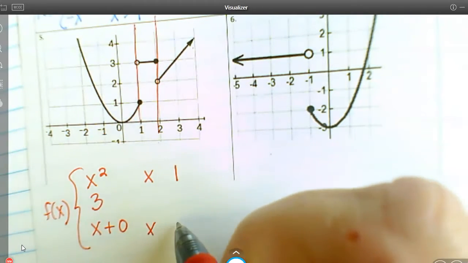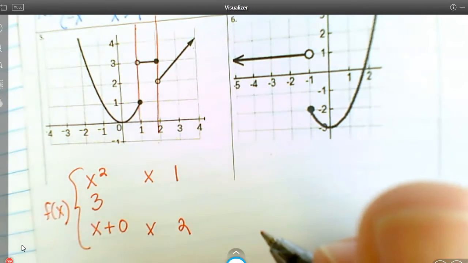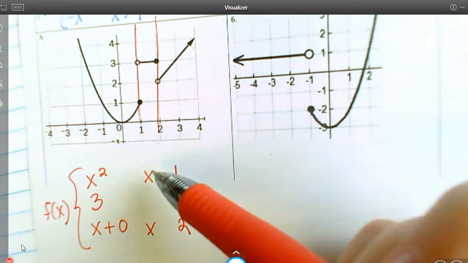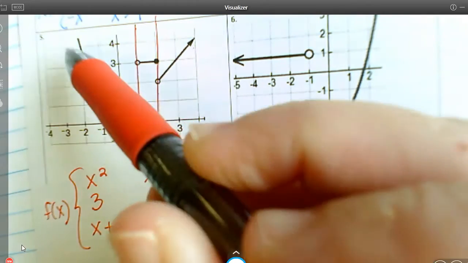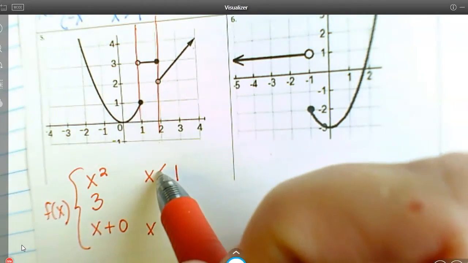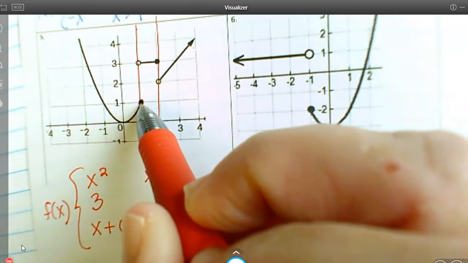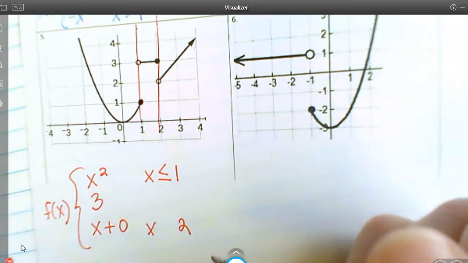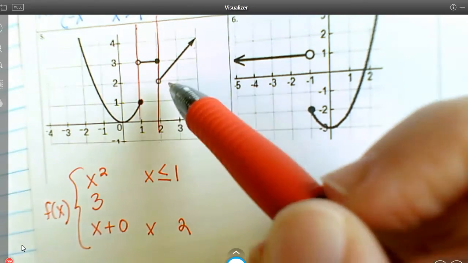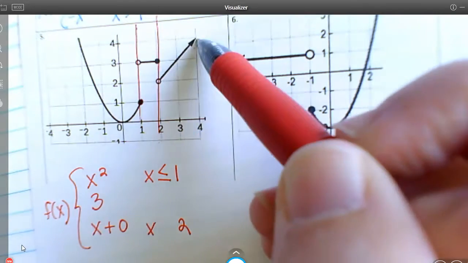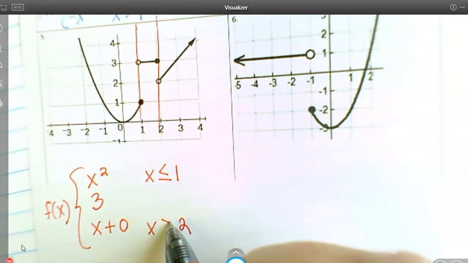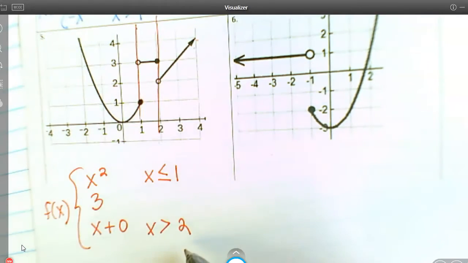So that last one's going to have an x and a 2. The x and the 1, it's to the left of 1, so it would be less than 1. It also includes it because of that closed circle. This one is to the right of 2, so I know that's greater than 2. And it's an open circle, so not equal to.